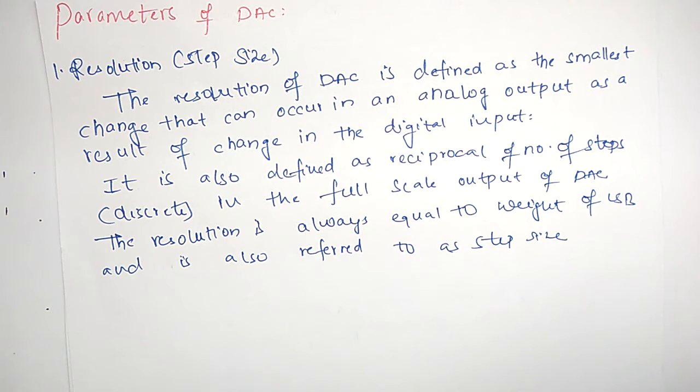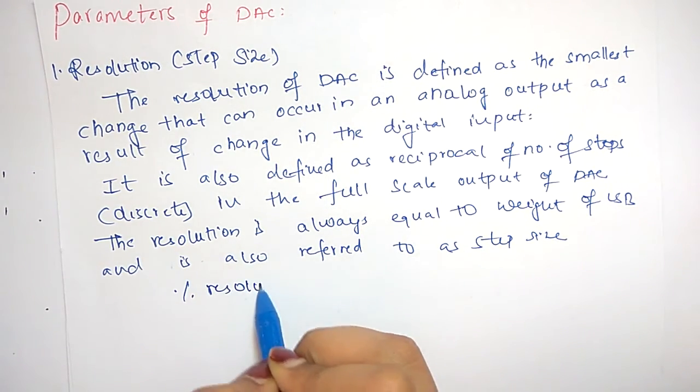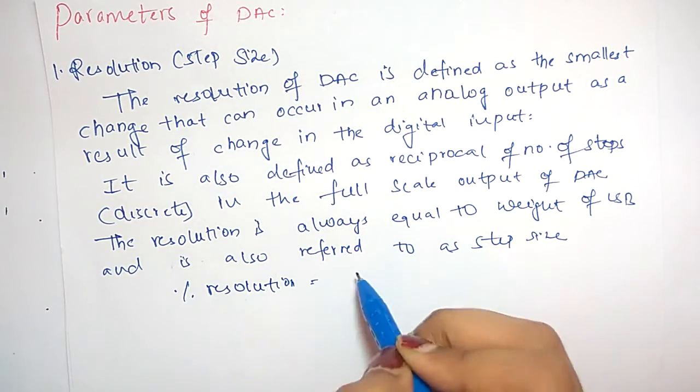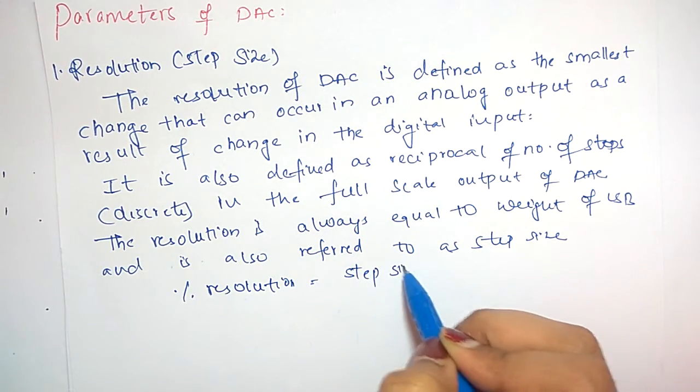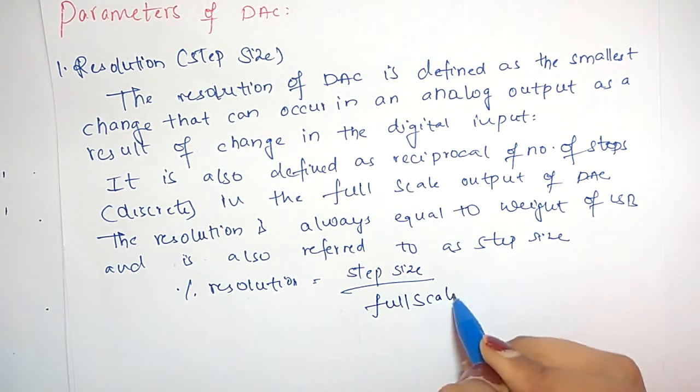I'll give you the formula for that. The resolution is always equal to the weight of the LSB, and it is also referred to as step size. The step size of DAC is the same as the proportionality factor in the DAC input output relationship. So percentage resolution is given by the formula: step size divided by full scale into 100.